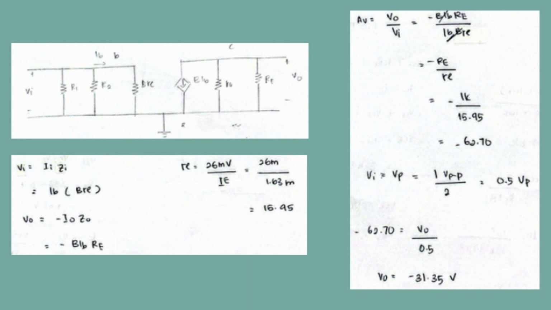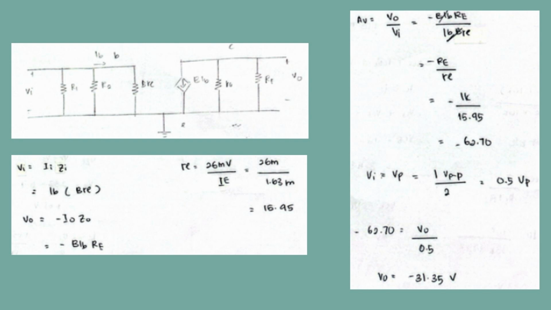I in here is IB, and Z in is beta RE. re equals 26 millivolt divided by IE. So we get here re equals 16.995. For V out, its equation is negative IO multiplied by ZO. If you look at the drawing, you can see why it becomes negative IO.